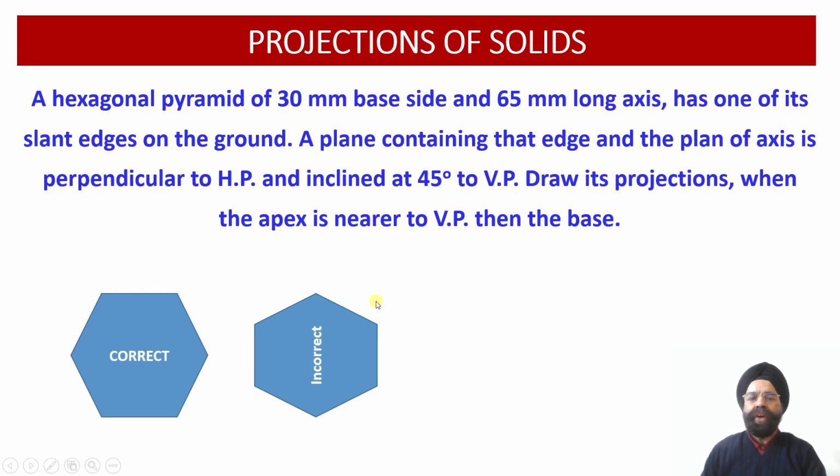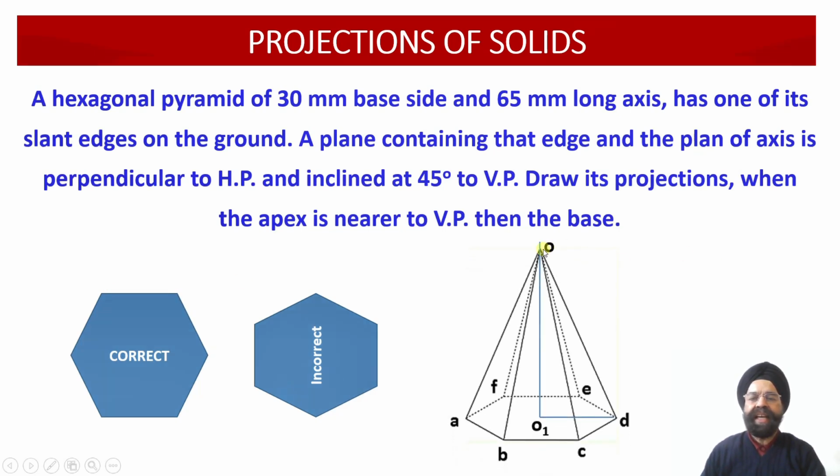So here you are going to get one triangular face resting onto the ground rather than one of the slant edges. So if we locate the hexagonal pyramid in this orientation, now whenever we tilt this hexagonal pyramid through this apex either this way or this way, we tilt it completely over here such that this apex point is going to lie onto the horizontal plane.